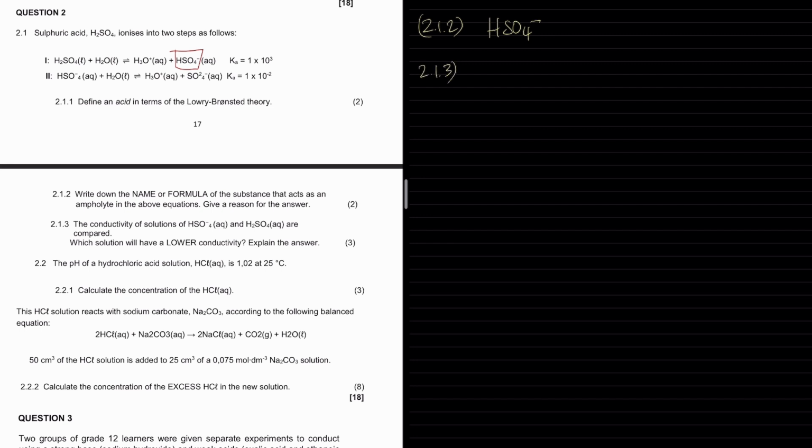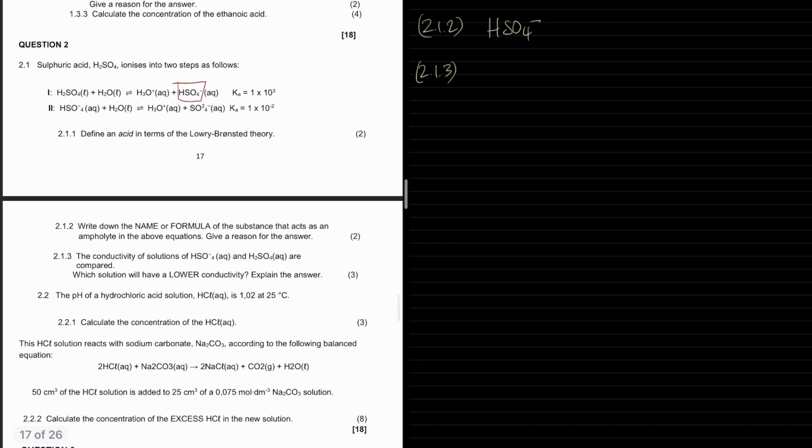Question 2.1.3. The conductivity of solutions of HSO4 minus and H2SO4 are compared. Which solution will have a lower conductivity? The one that's going to have a lower conductivity is HSO4 minus. And why? It has to do with the Ka.